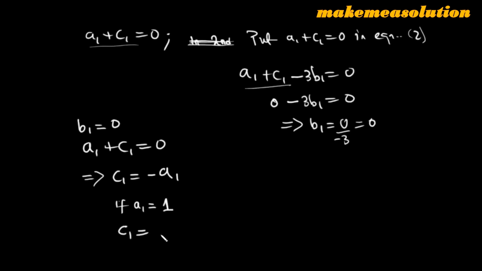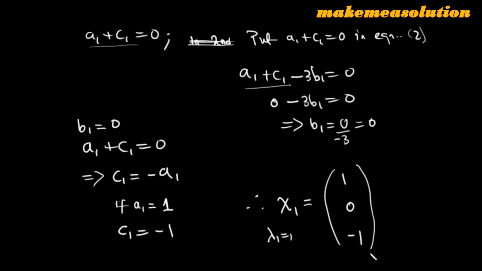Minus 1. So you have gotten an arrangement for x1. For lambda 1 equal to 1, x1 is a1, b1, c1, where a1 is 1, b1 is 0 and c1 is minus 1. This is how to get the first eigenvector.